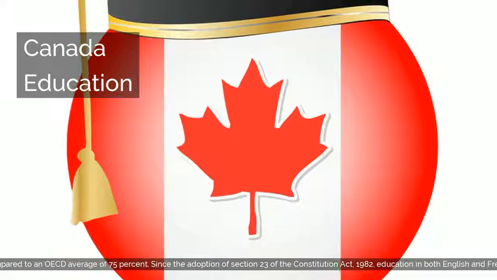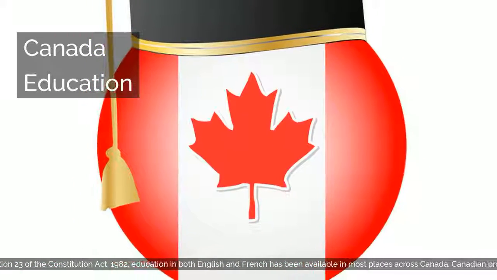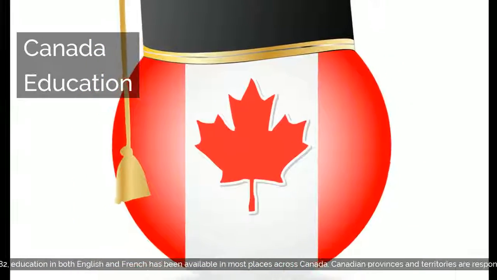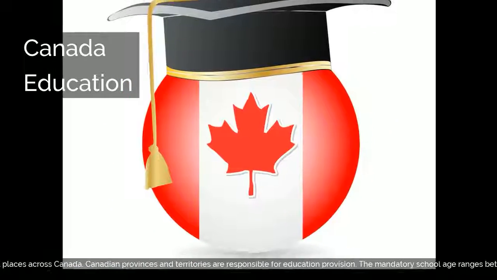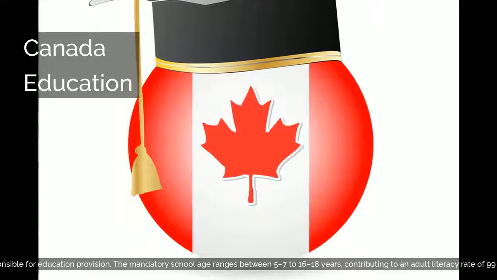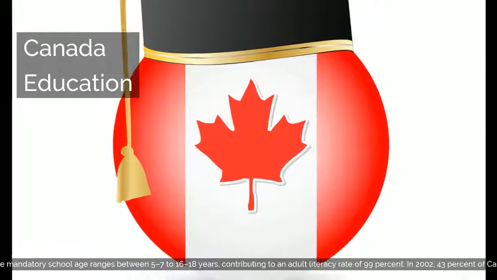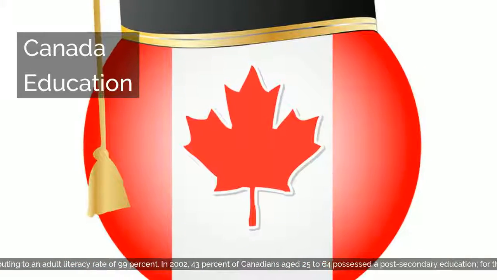Since the adoption of Section 23 of the Constitution Act, 1982, education in both English and French has been available in most places across Canada. Canadian provinces and territories are responsible for education provision. The mandatory school age ranges between 5 to 7 to 16 to 18 years, contributing to an adult literacy rate of 99%.